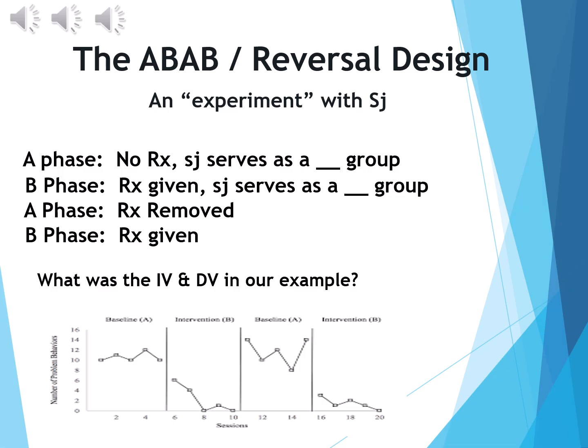In the B phase, where the treatment is added back in again, if the treatment was truly causing the results, you should see a return to the treatment condition behavior. So a very analogous experimental design, very comparable to the real experiments which we're more often used to.